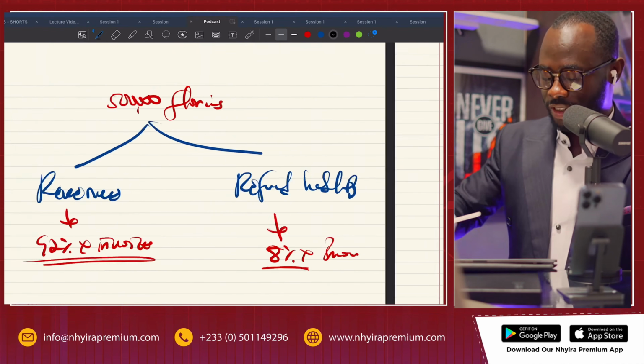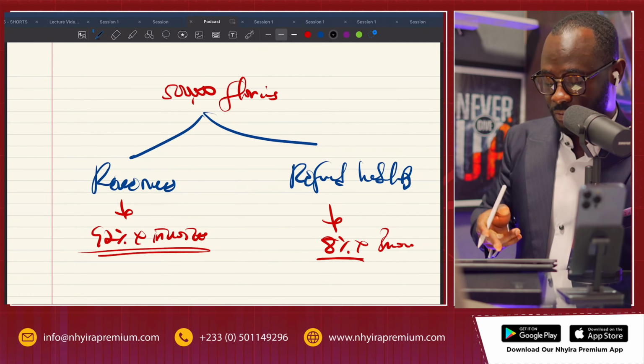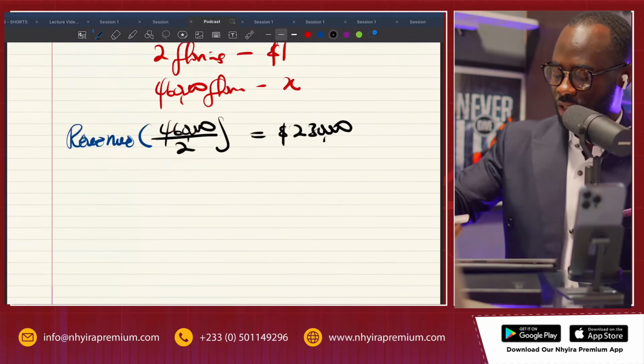But remember we said the proceeds must be split between revenue and refund liability.